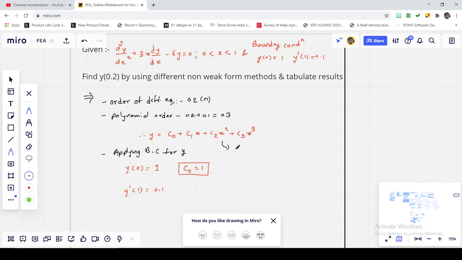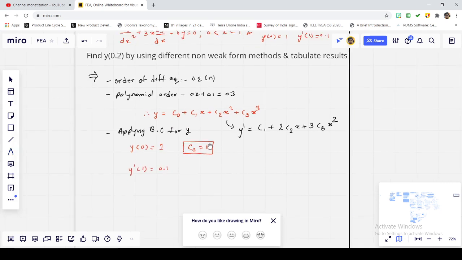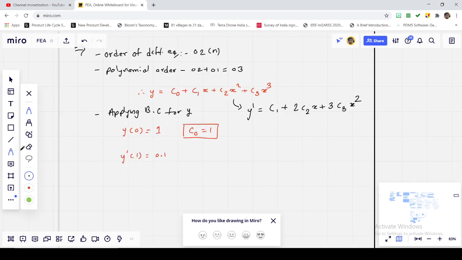So y dash, differentiating with respect to x, will be 0 plus c1 plus 2c2 x plus 3c3 x square. This is your y dash term, and the condition given is that y dash at 1 is equal to 0.1.